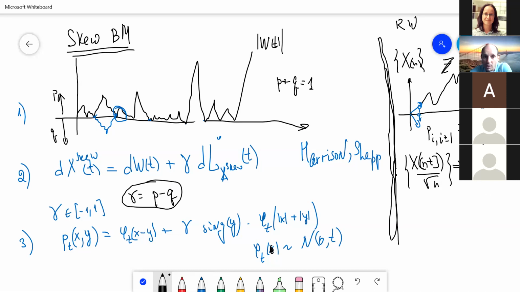And they proved that the limit is a skew Brownian motion with parameter gamma equals P minus Q. And you see the link here, where you may say that you start from a reflecting random walk and then just flip excursions up or down, and it is not a miracle that the result will be like this. They calculated finite dimensional distributions and proved relative compactness, and the proof was straightforward.